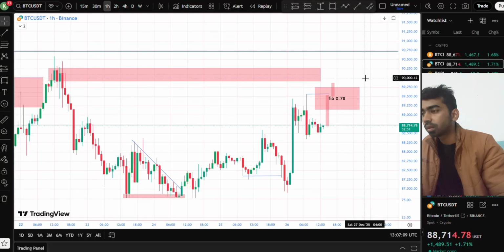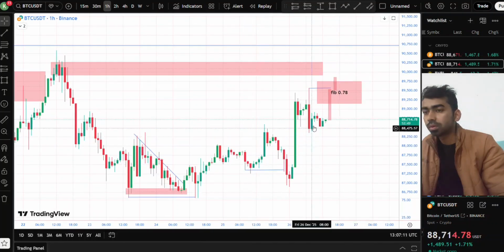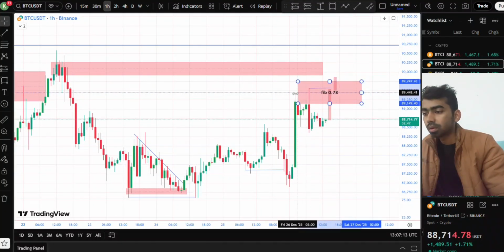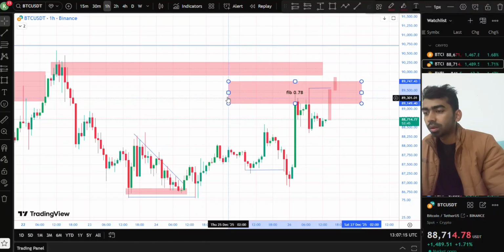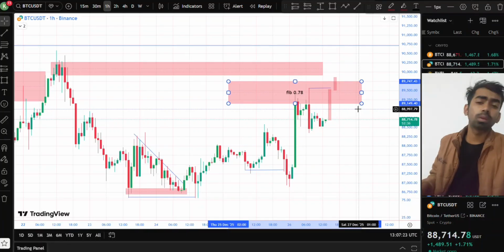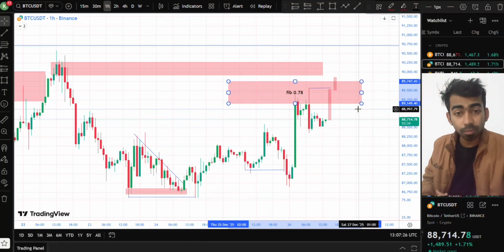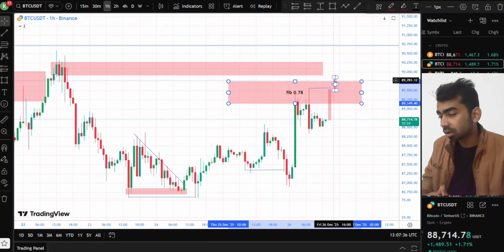Okay, now I'm going to remove this Fibonacci. Here is actually lots of confirmation to define that the market will go downside. Okay, and most of the people try to open short from here, and maybe they will win, but at the same time the market takes one advantage because they place their SL above this high.